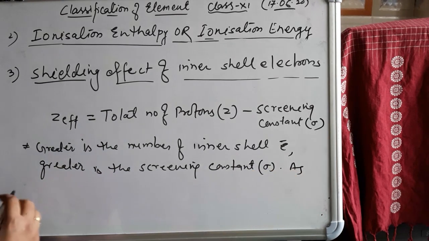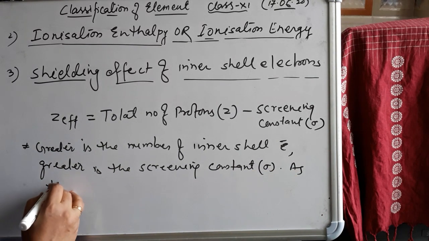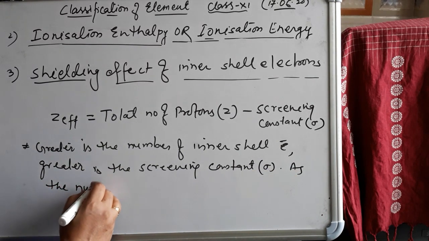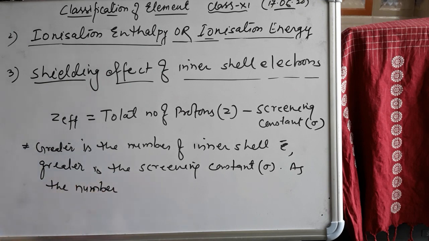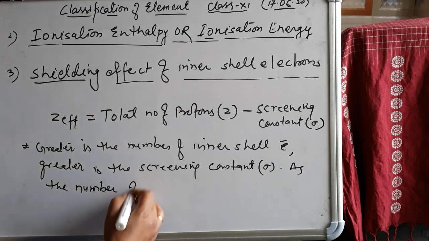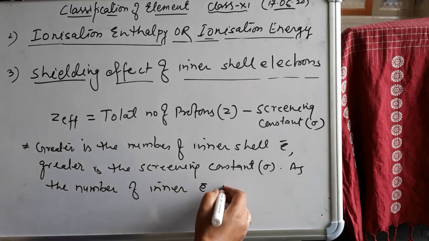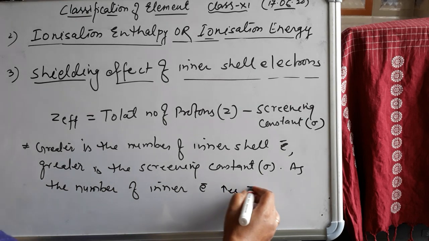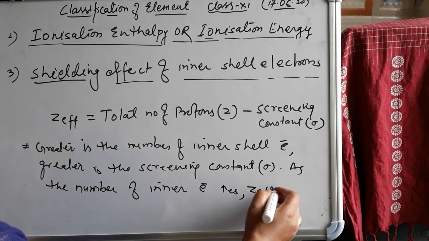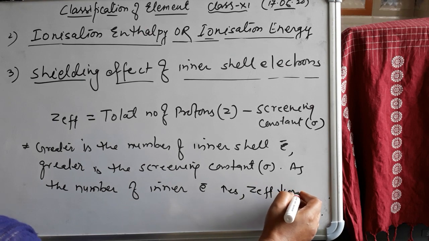As the number of inner electrons increases, effective nuclear charge decreases.